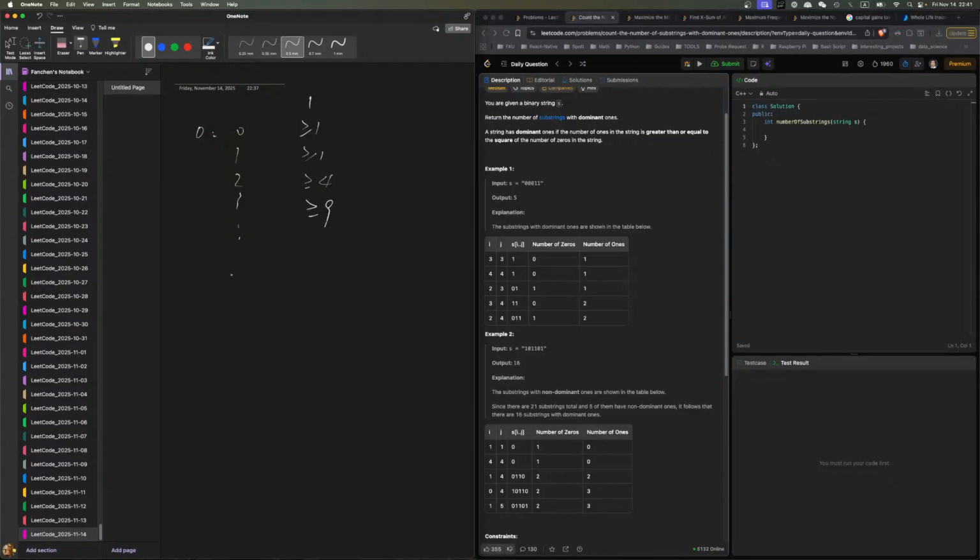But anyway, that's another point. The point is, it's a substring, right? We have a substring.